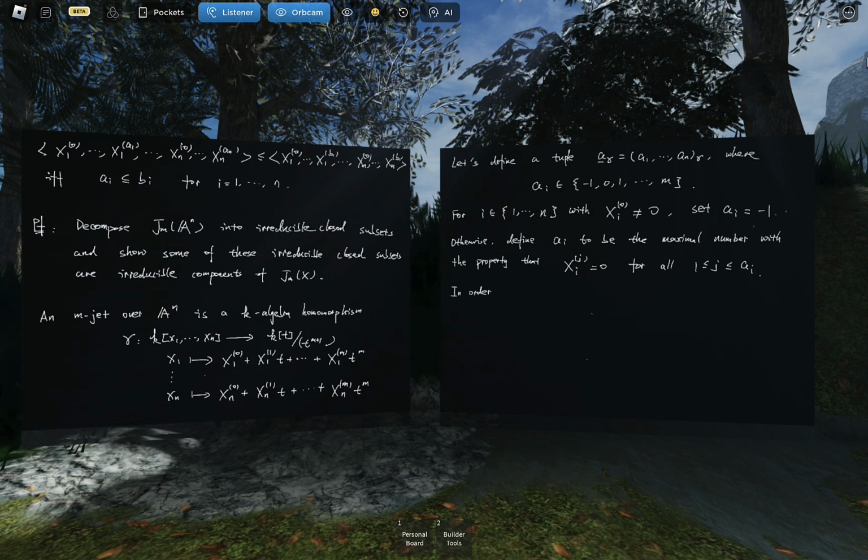Now, for each gamma in the m-jets over affine space, we can associate a tuple of numbers, a gamma.